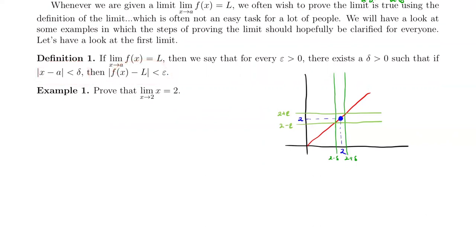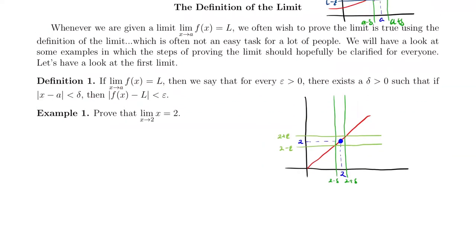So our f of x is going to be x, the L is going to be 2, and the a is going to be 2 as well. So first of all, the way we're going to start this is to say, let's say we have epsilon be an arbitrary value. Because we're saying that if we allow any epsilon that is greater than 0, then we could just let it be an arbitrary value.